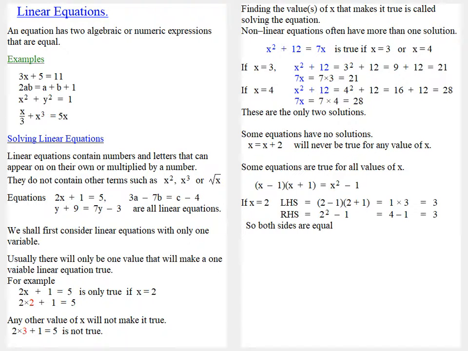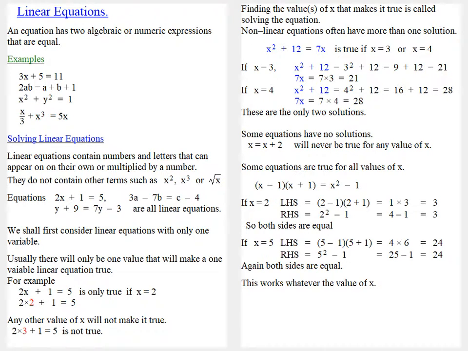So both sides are equal. If we try another number, let's say x equals 5, the left-hand side is 5 minus 1 times 5 plus 1, which is 4 times 6, which is 24. The right-hand side is 5 squared minus 1, which is 25 minus 1, which is also 24. Again, both sides are equal. And you can try this with any number, it will always work.